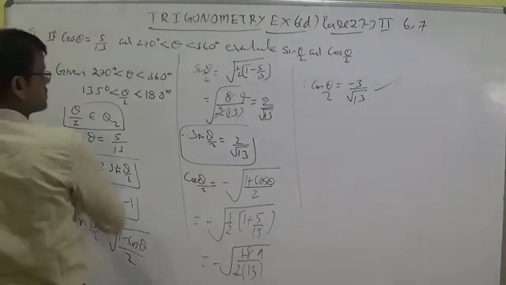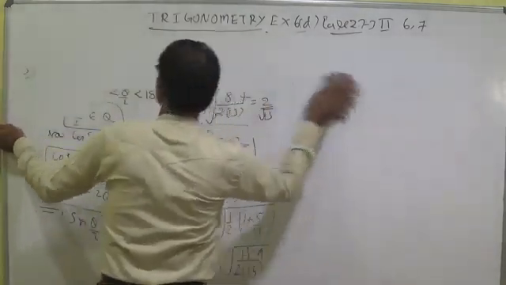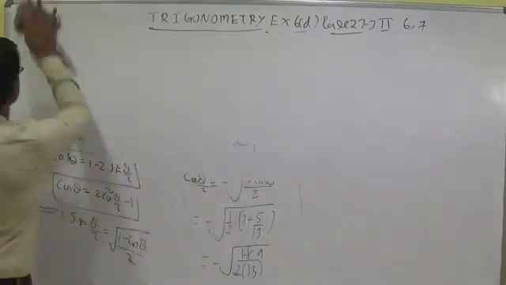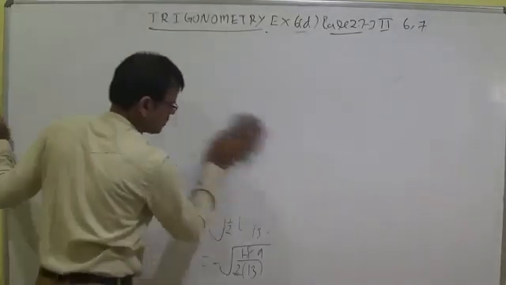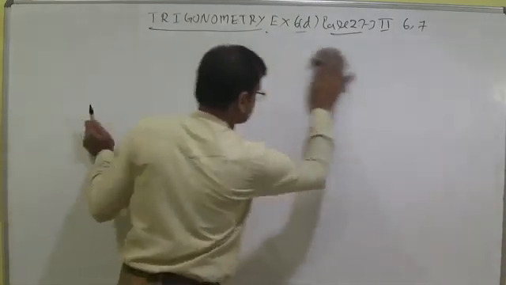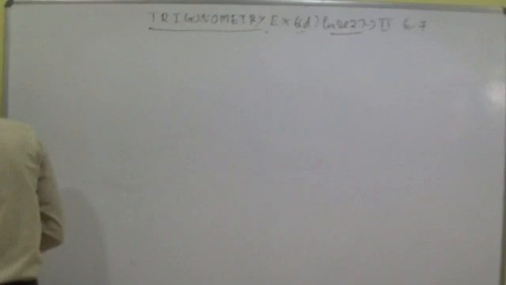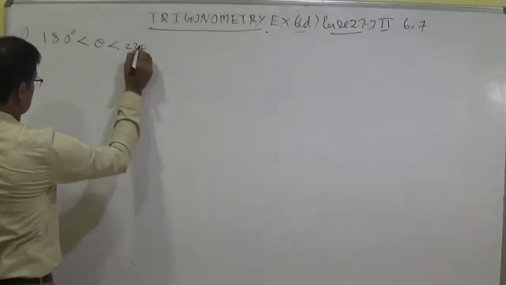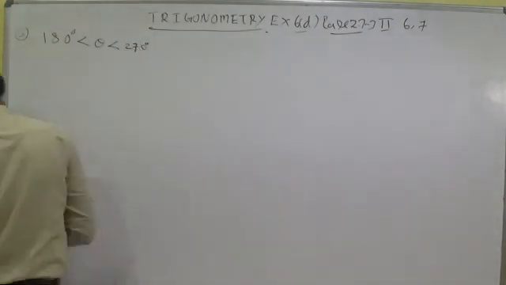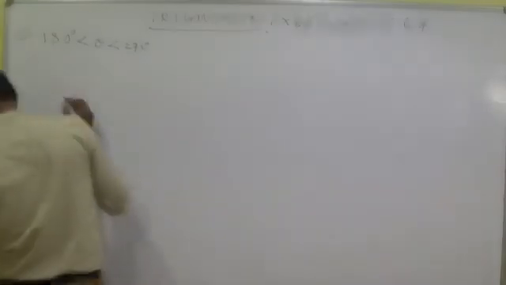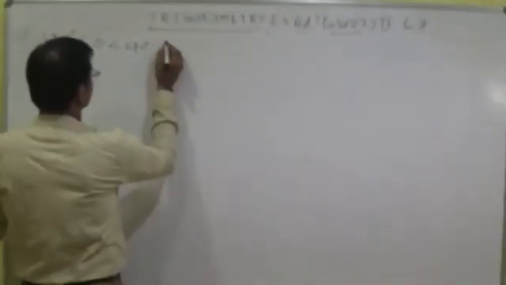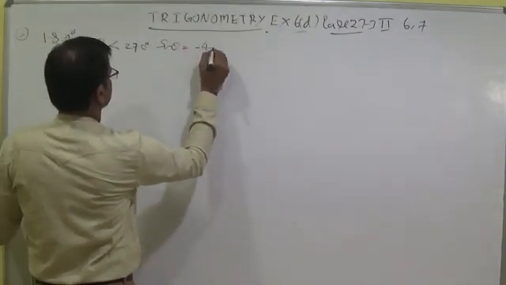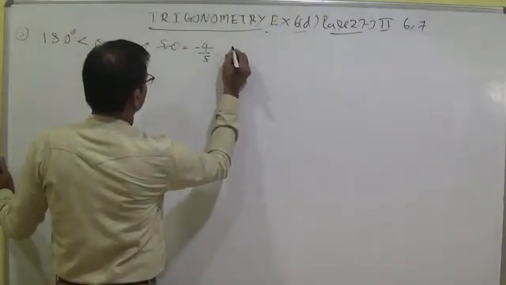Now, third question. 180 degrees less than theta less than 270 degrees, and sin theta is equal to minus 4 by 5.